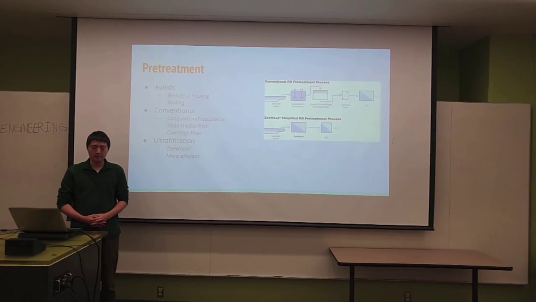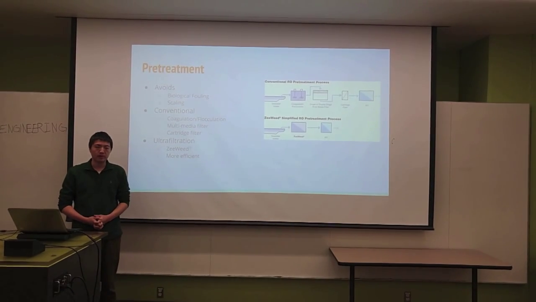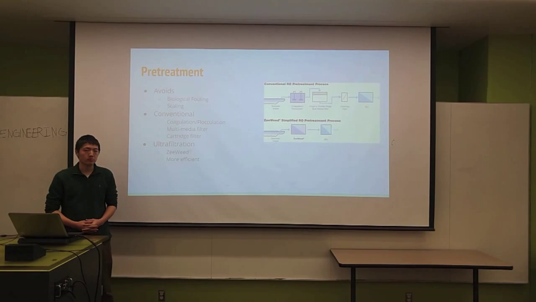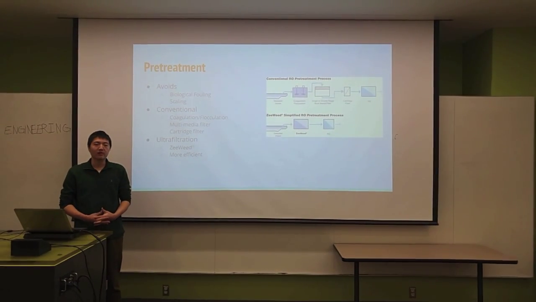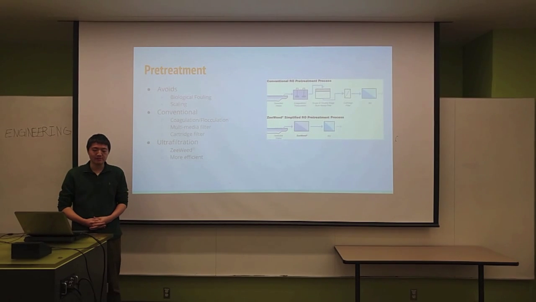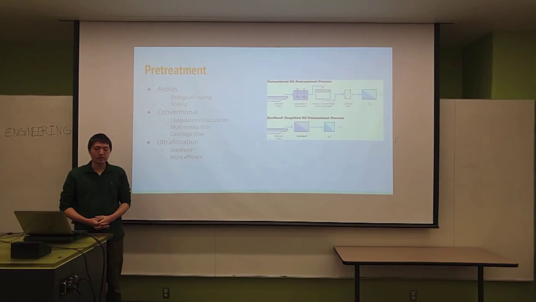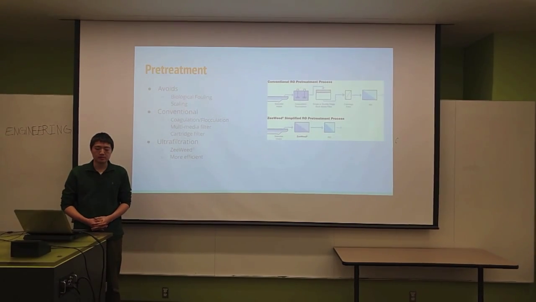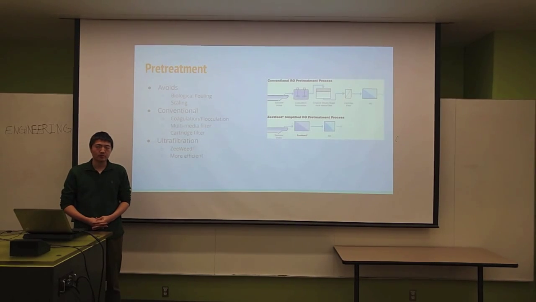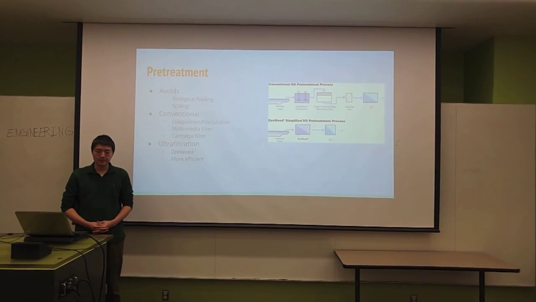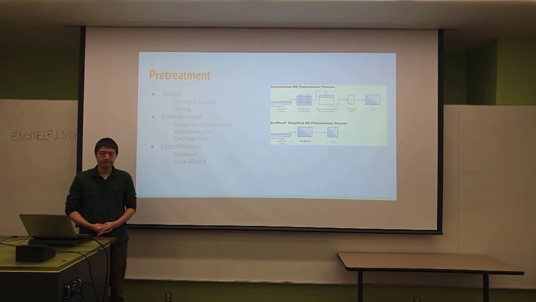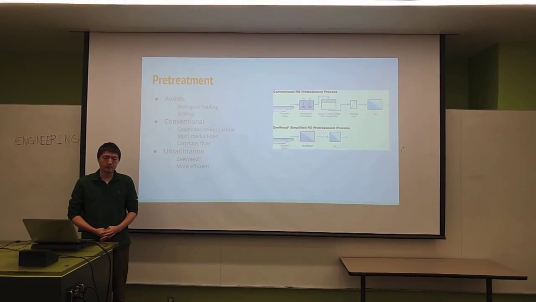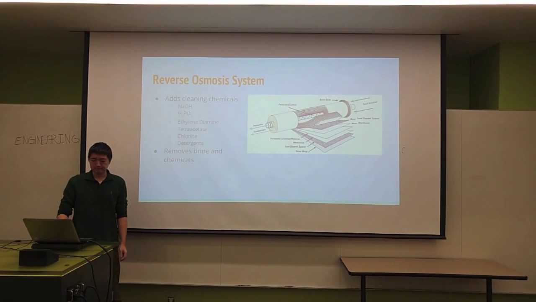And then the other method is ultrafiltration, where it reduces pretreatment down to 1 unit using ultrafiltration membranes such as the Zeeweed, and it's generally more efficient than using the conventional method because it reduces biological fouling and is more environmentally friendly.